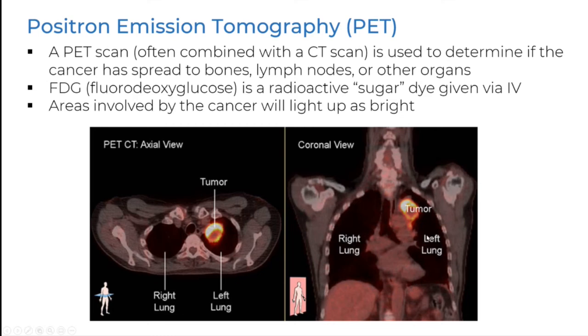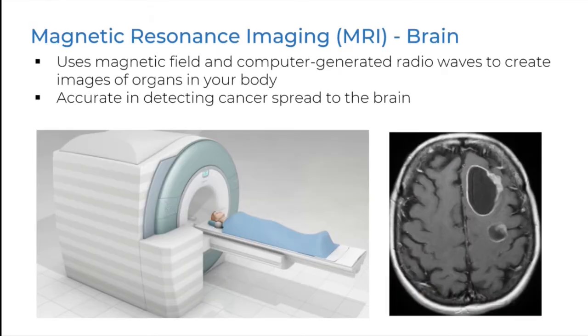Similarly right here, the tumor is very bright. So areas that are bright on the PET scan are oftentimes most consistent with the areas that are involved with cancer. So PET scan is a very useful test to help detect where in the body, particularly the other organs and the bones, the cancer has spread.